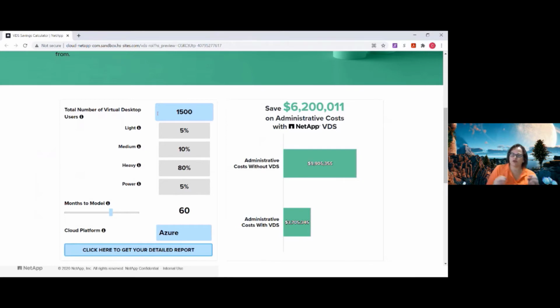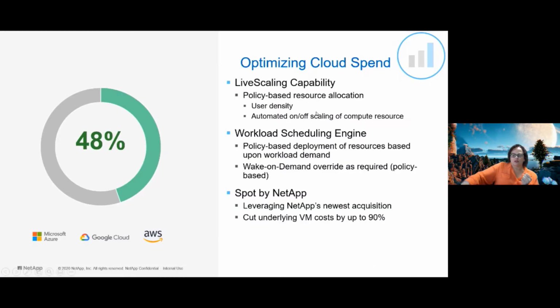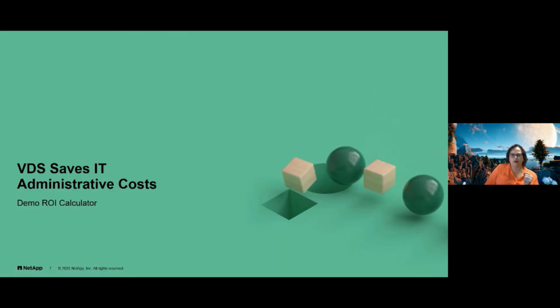And for those of you that are MSPs, you've got other resources and other technologies, as well as other tasks that you can provide on top of VDS, Virtual Desktop Services, to provide the best possible services for your customers at the best possible prices. So you can still turn around and make quite a bit of money with VDS, but you can see how much you're potentially going to be able to save and pass on to your customers through the administrative costs.